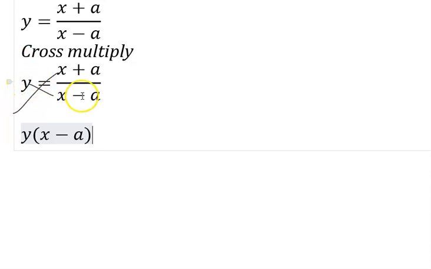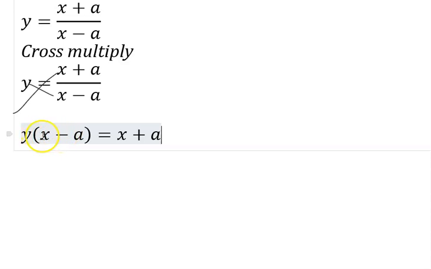That's multiplying this and this. Then x plus a multiplied by 1 will still give you x plus a. So that will form our right hand side, x plus a. Awesome. Now that we've been able to do this, we need to open up these brackets that we have here.